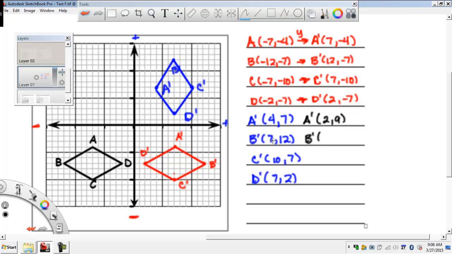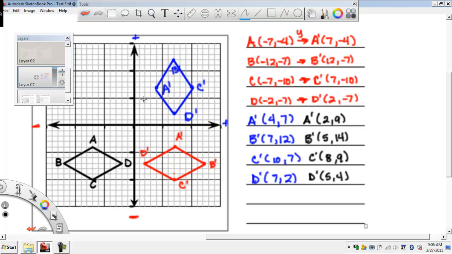B prime, subtract 2 will be 5, add 2 will be 14. C prime, subtract 2 will be 8, add 2 will be 9. D prime, subtract 2 will be 5, add 2 will be 4. There are my final points.